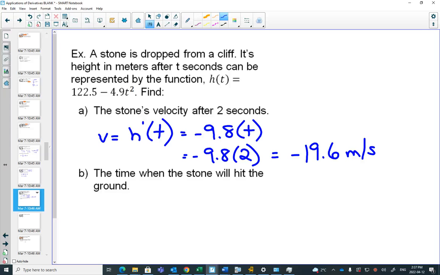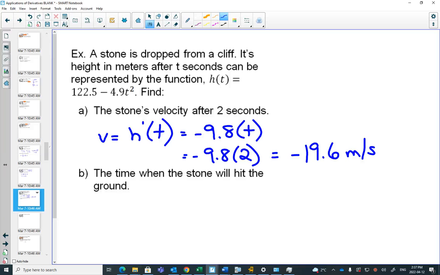If I want to find the time when the stone will hit the ground, I know that the height then, oh, it is in the function. It's not expressly stated.